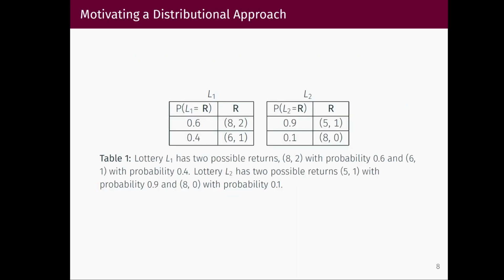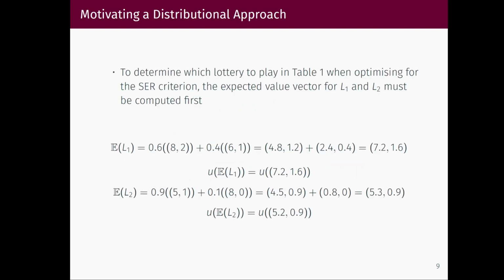Just to outline why a distributional approach must be taken when dealing with the ESR criterion when the utility function of a user is unknown, let's check out lottery 1 and lottery 2. We can see here that both lotteries have 2 returns with different probability. Under the SER criterion, as I've mentioned already, the expected value vector for each lottery must first be computed.